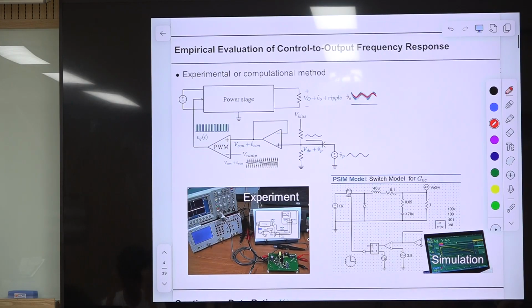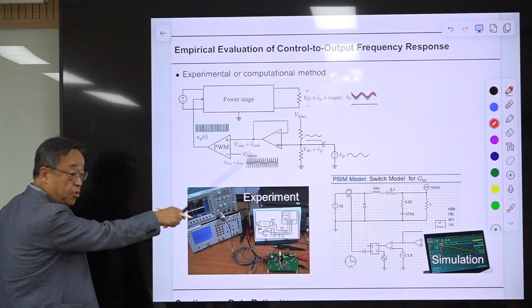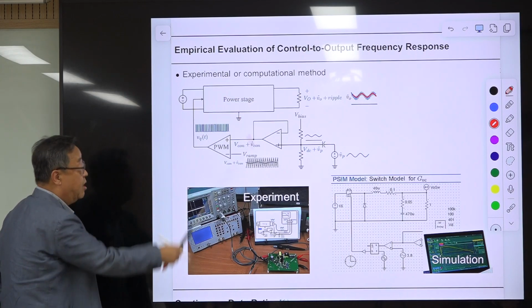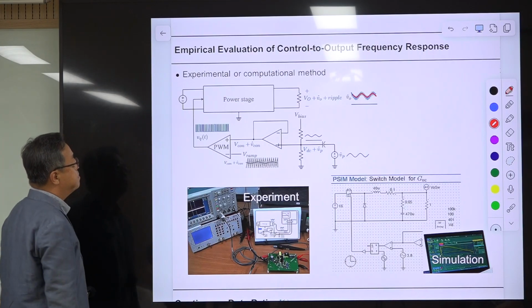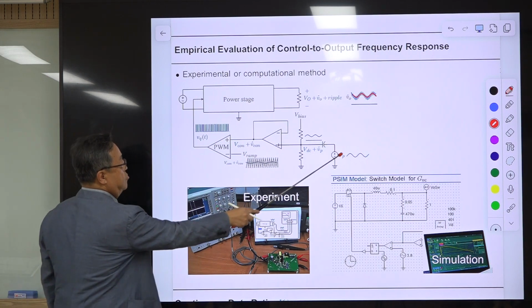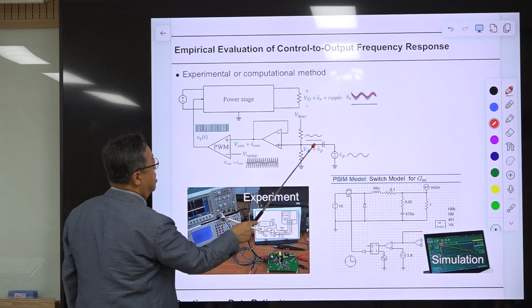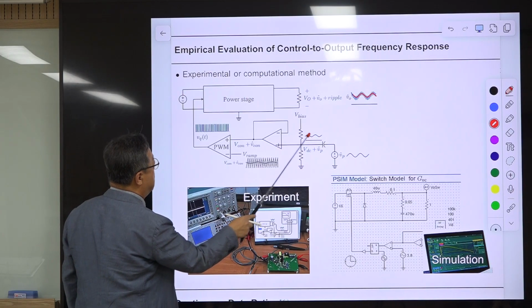Let me explain the concept of empirical evaluation of, for example, the control to output transfer function. This is a drawing, but assume this is hardware. So you have a converter. This is the setup for the open loop frequency response. You inject this AC signal onto the DC, so this is the control signal.